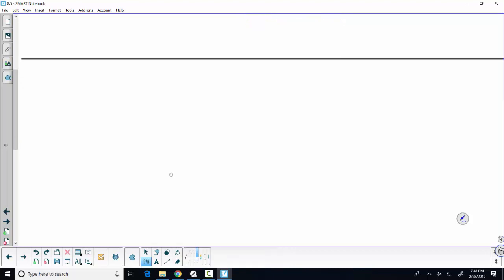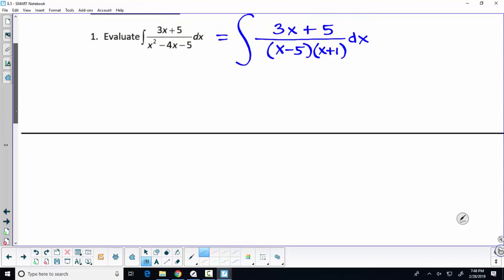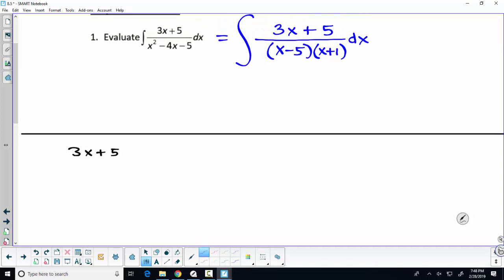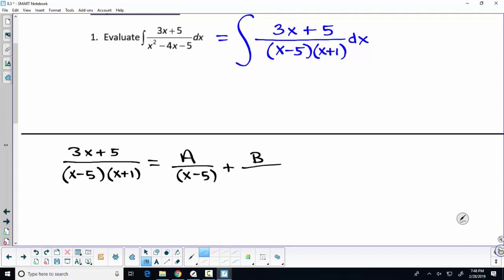So then, kind of like side work, we're going to say that 3x plus 5 over x minus 5 times x plus 1 is equal to a over x minus 5 plus b over x plus 1. And we're going to solve for a and b.